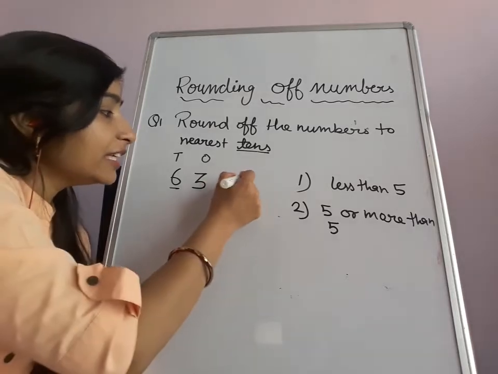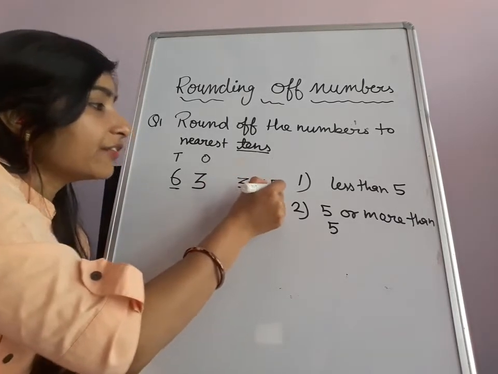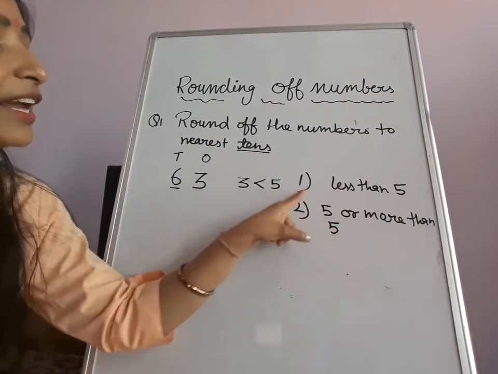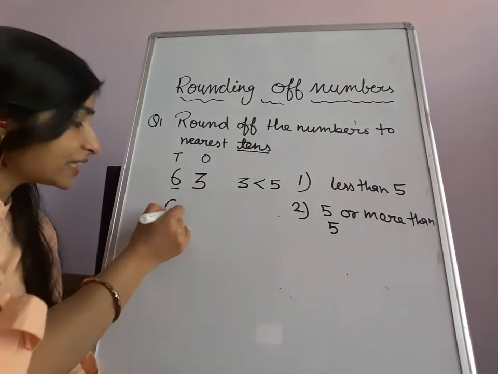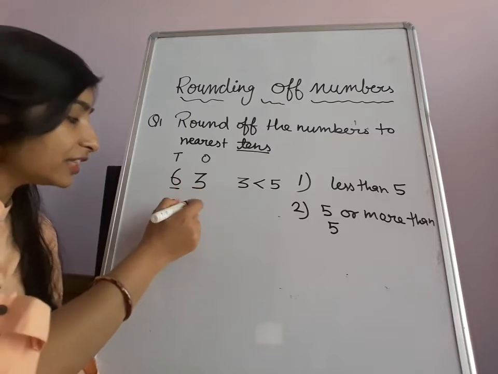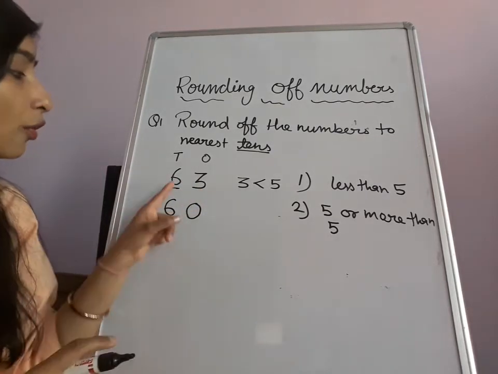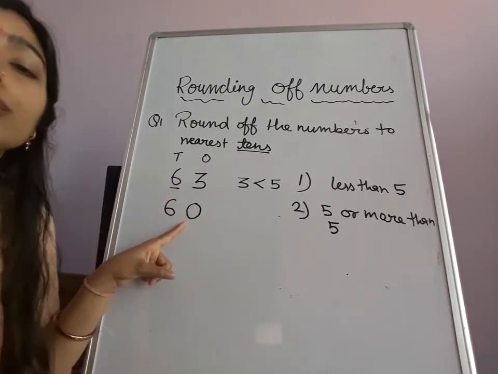So see, 3 is less than 5. First condition is met. So this tens place remains the same and this 3 becomes 0. So 63 is nearest to 60.